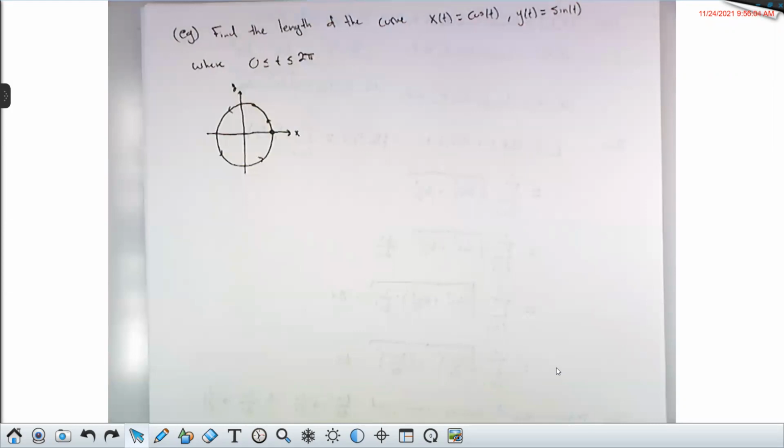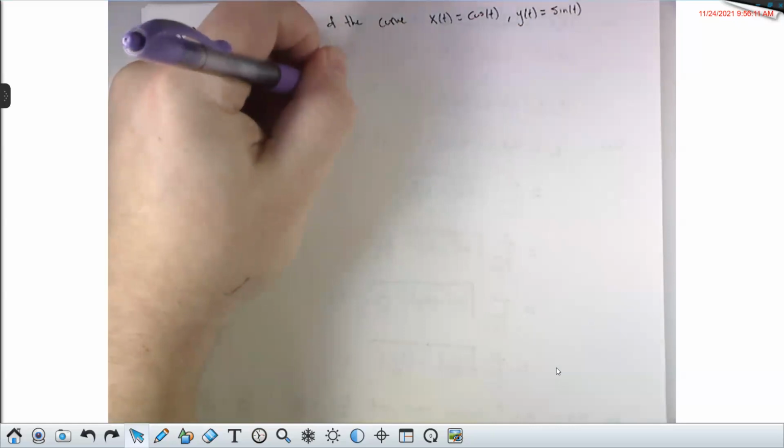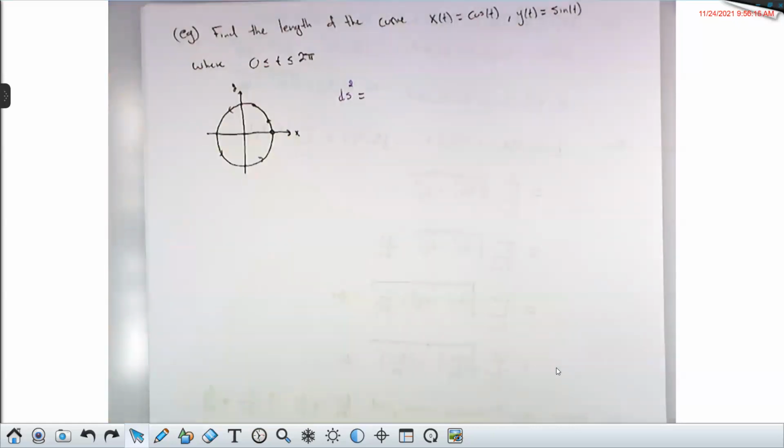The way I encourage you to do this is to write down ds, because usually you're going to want to do some simplification. In fact, you might want to write ds squared.